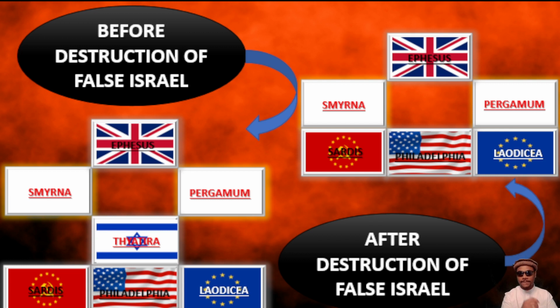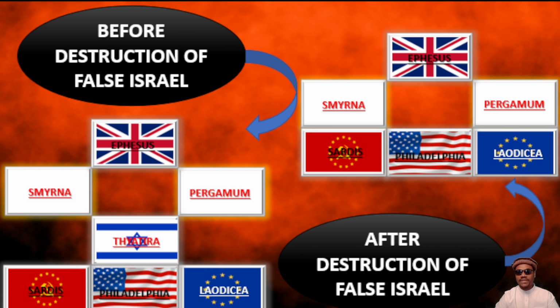This is the formation of the book, where it says before the destruction of false Israel. This is what the book is centered around. The book is centered around the destruction of false Israel.